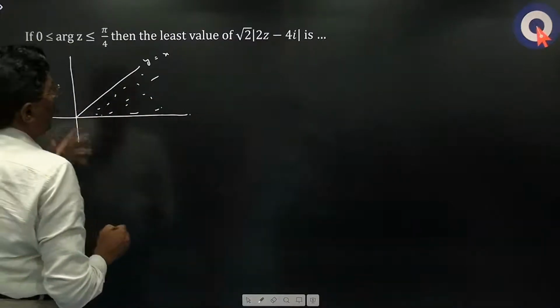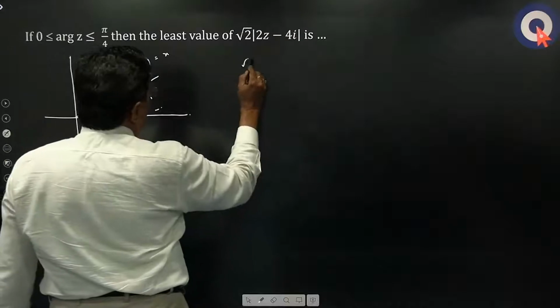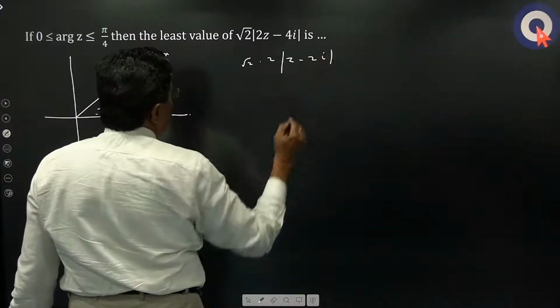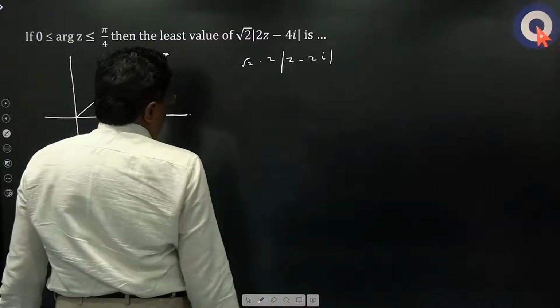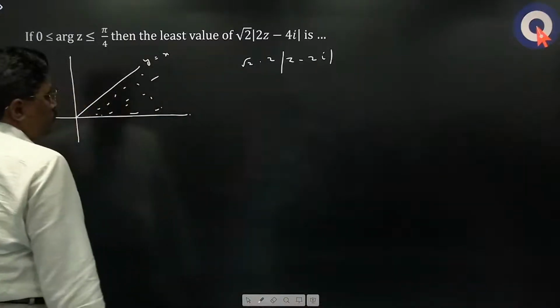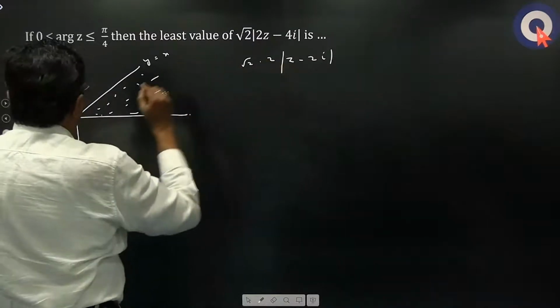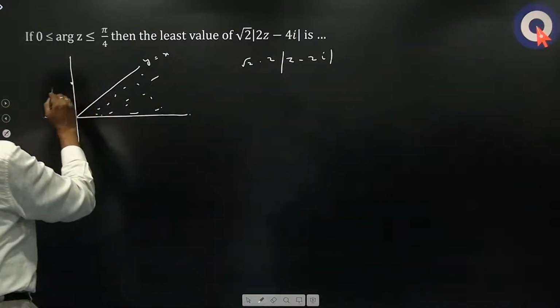Now this is root 2 pulled out, mod of z minus 2i. All right. So what is this point here? 0 comma 2. So 0 comma 2 is here.